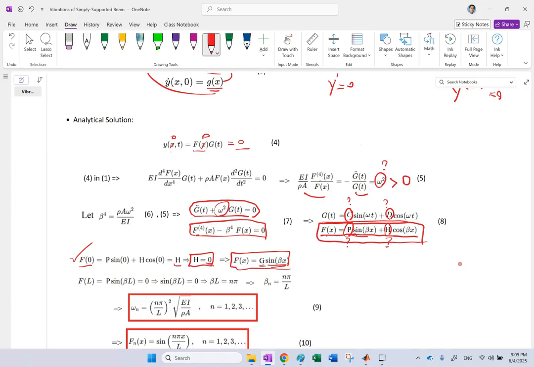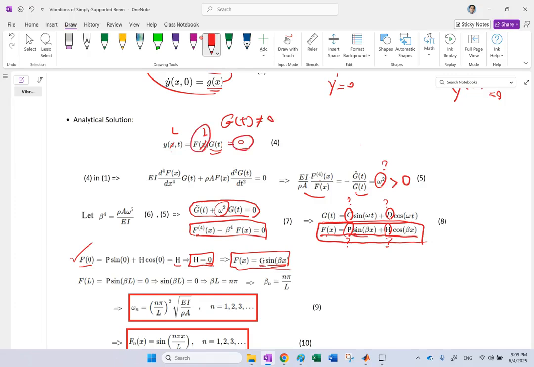Now also, y at L should be 0. So if for x I plug in L, this should be 0. Again, g of t cannot be 0 in general, because if it is, then the total solution y is 0. That is a trivial solution. Since g of t cannot be 0 for all time points, the only solution is this f of L should be 0.